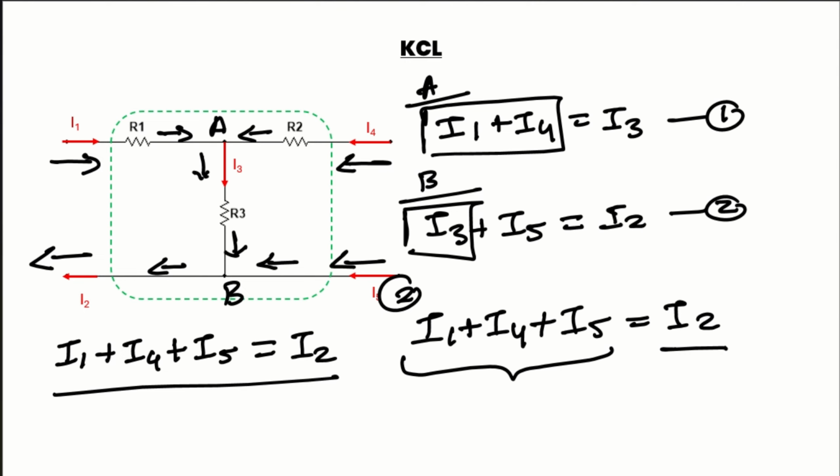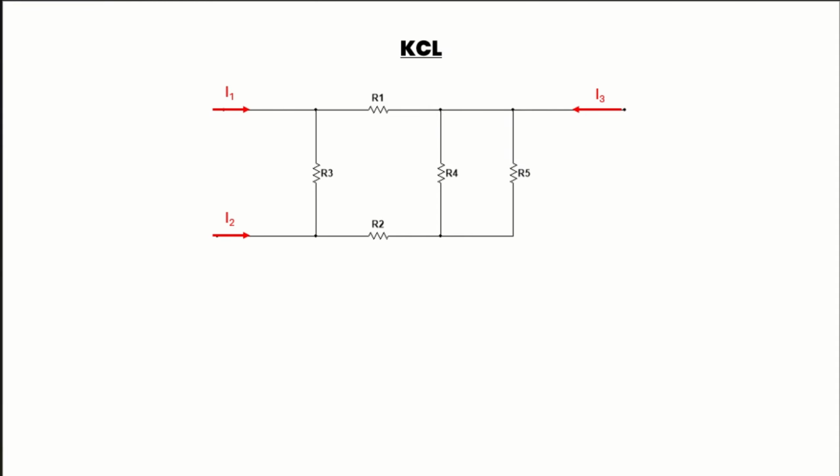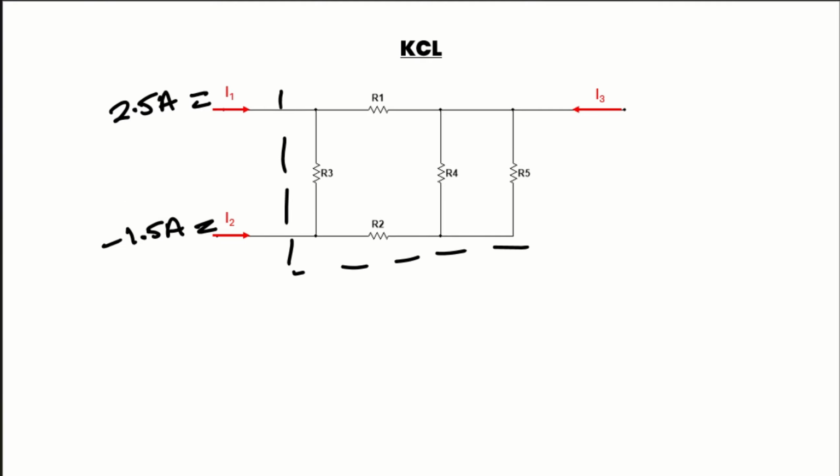Now we will do a question on this. In this question, our aim is to find I3, where I1 is given as 2.5 amperes and I2 is given as minus 1.5 amperes. If you consider this as your network, according to KCL, the current going toward the network is equal to the current going out from the network.